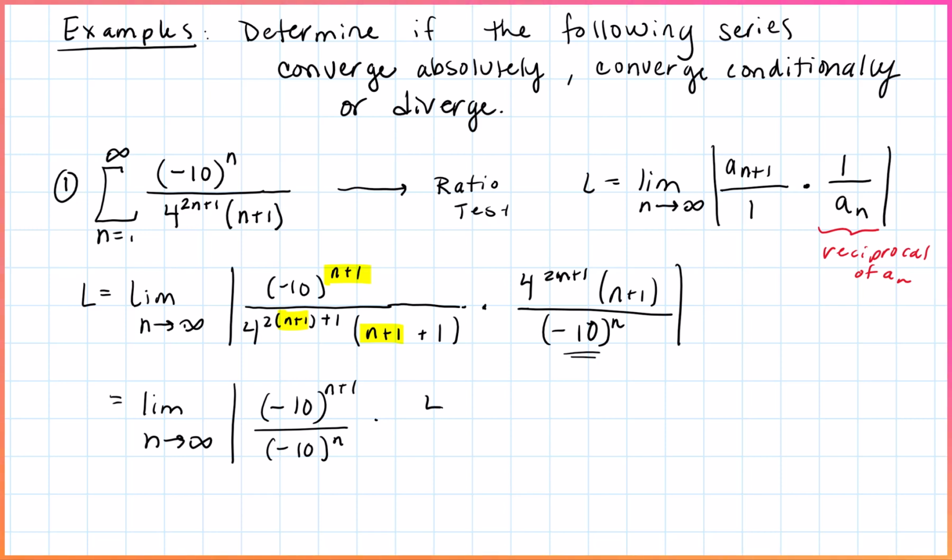We've got 4 raised to the 2n plus 1 in the numerator. And in the denominator, we have 4 to the, well, because we distribute the 2, we get 2n plus 2 plus 1, so we get 2n plus 3 on the denominator factor of 4. So 4 to the 2n plus 3.